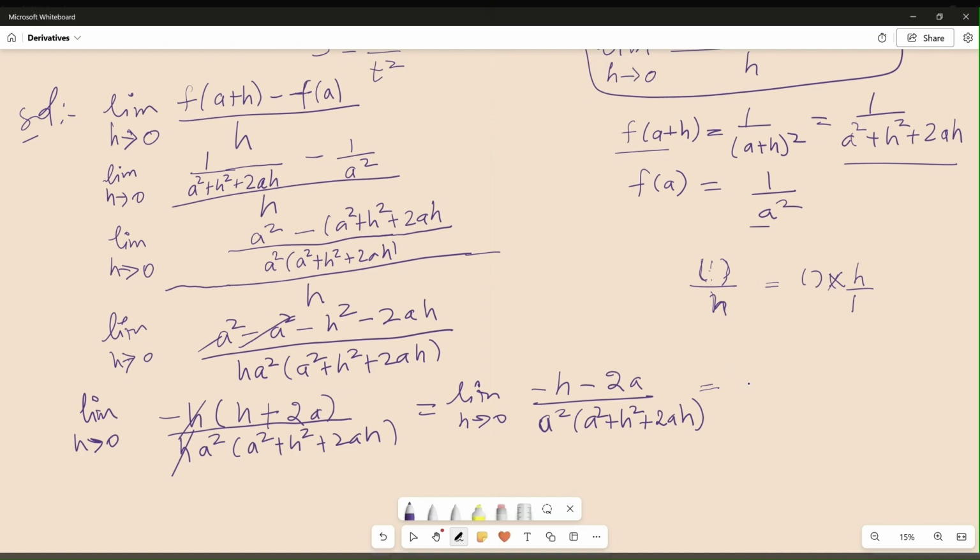What we are left with is, I can just plug in the values real quick: 0 minus 2a, divided by a squared plus 0 plus 2 times a times h, which is 0.